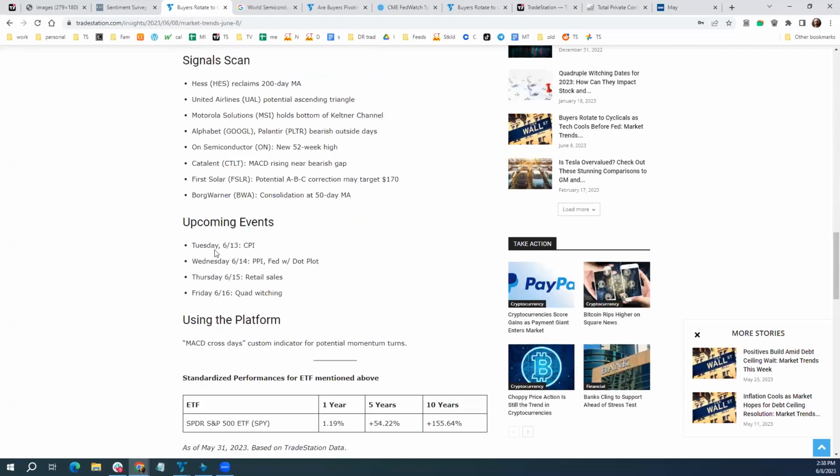All right, so upcoming events: CPI on Tuesday is big, the Fed with its dot plot on Tuesday, and Powell's press conference. In my perspective, it's like if you have a child who graduated first grade, then graduated second grade. That's not news.